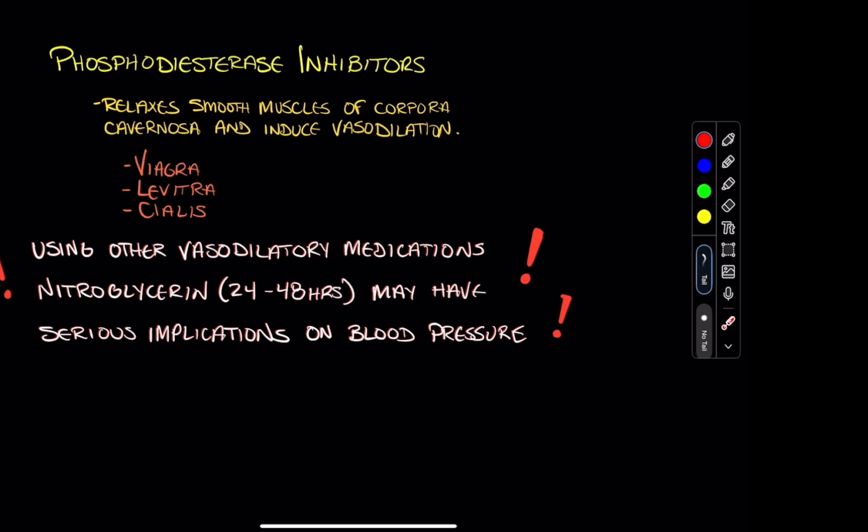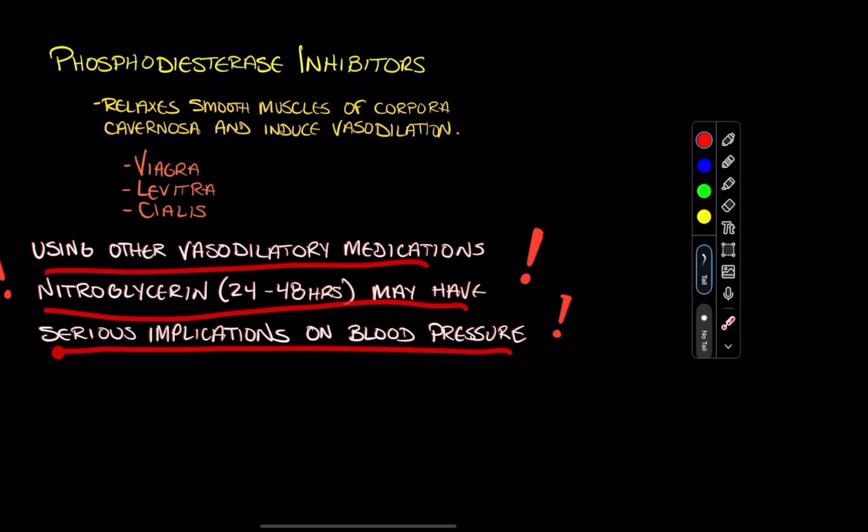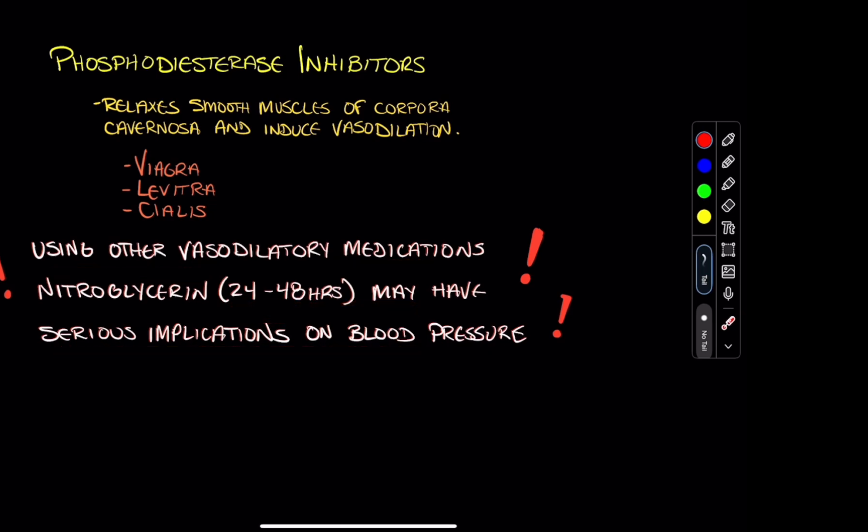When you're giving other vasodilator medications like nitroglycerin, which we carry, ask the patients if they've had any of these medications, because they might be prescribed it for some other reason we're not thinking of. You want to make sure it's within 24 to 48 hours, so you don't have a huge drop in their blood pressure.